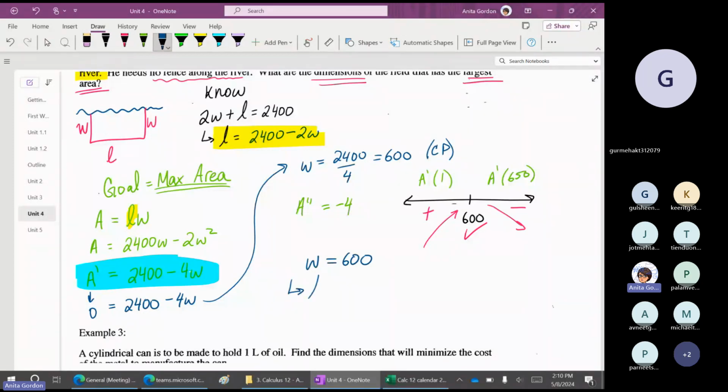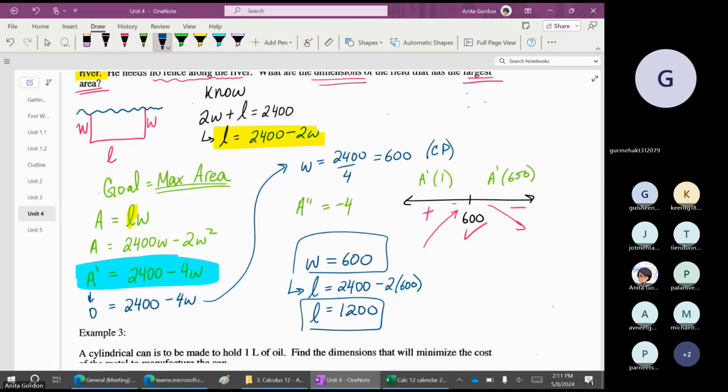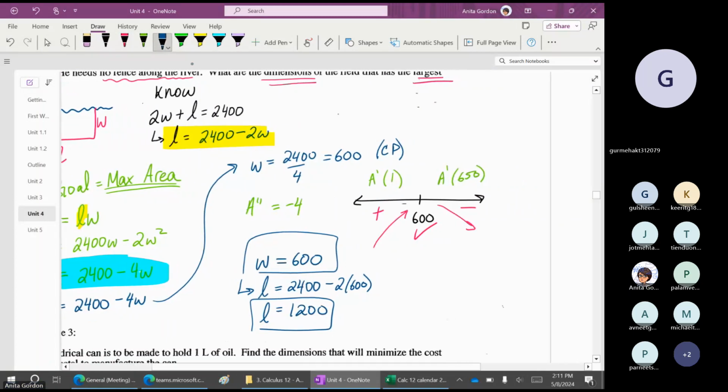And therefore, L equals minus, oopsie, 2 times 600. Is it 1200? Yeah. Perfect. We have found the dimensions. What is the area? 72.